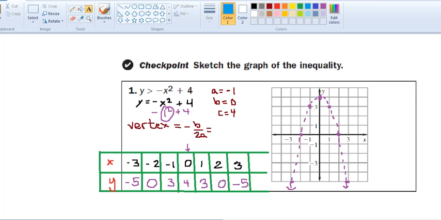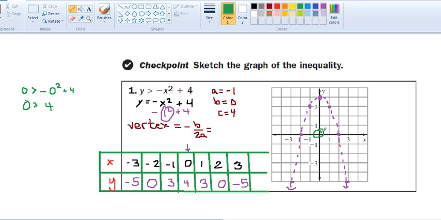We're going to go back to this original inequality right here, and we're going to ask ourselves, when y is 0, we're going to have a greater than sign, we're going to write the opposite of 0 squared and add 4. So the question is, is 0 greater than, that all comes to 0, the opposite of 0 squared is 0, plus 4, so it's 4. Is 0 greater than 4? Well, the answer is no.